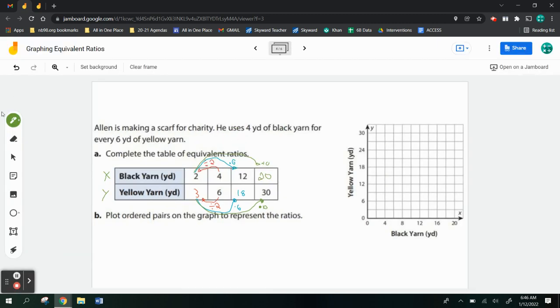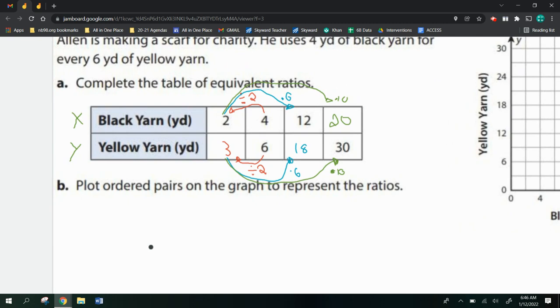So I'm going to write these points out. Starting with the first column, this is X. So X goes first, 2, 3. Next, X is 4, Y is 6.